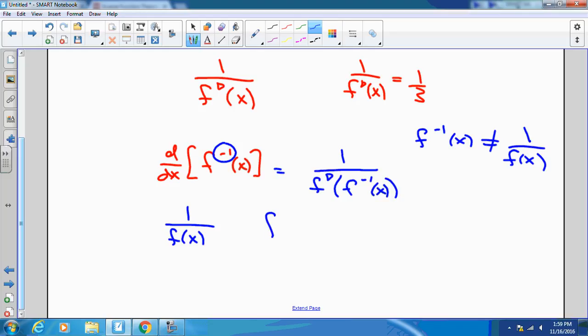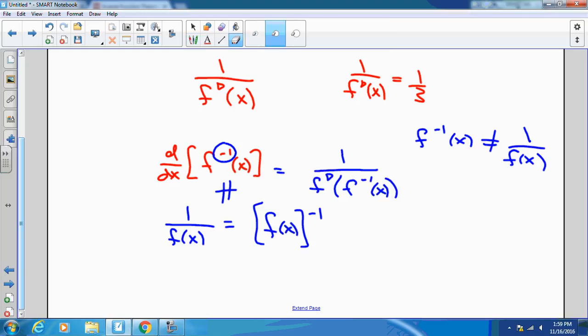But if you have to use a negative 1 as an exponent, then write it like that, so that nobody thinks that you're doing it in reverse. So this is equal to this, not equal to that. Good questions.